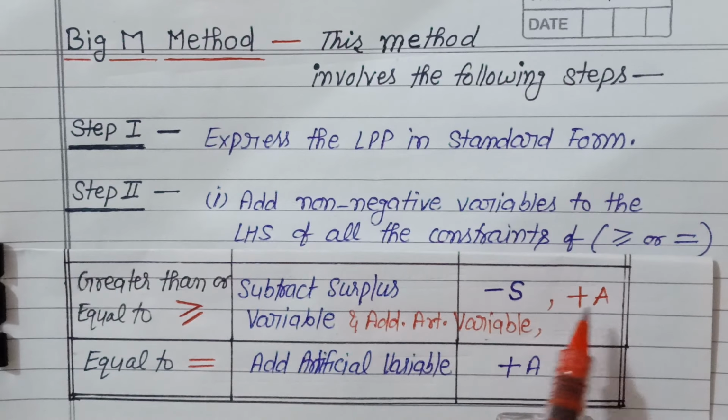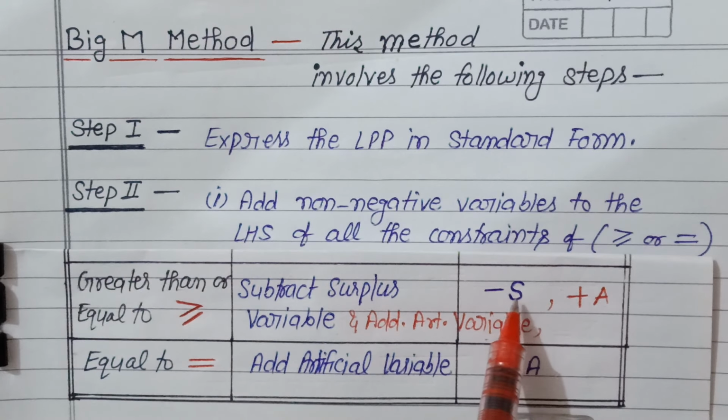Please remember that a is an artificial variable and it has to be added because this surplus variable has a negative coefficient. Now if the constraint equation has a symbol of equality, then we only have to add the artificial variable, that is a.